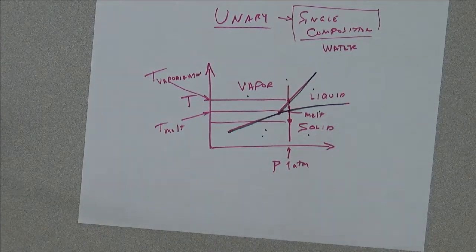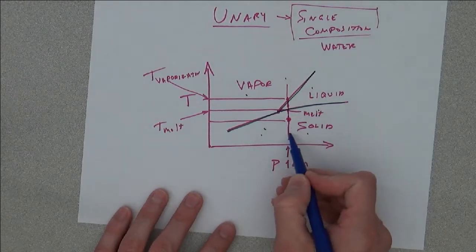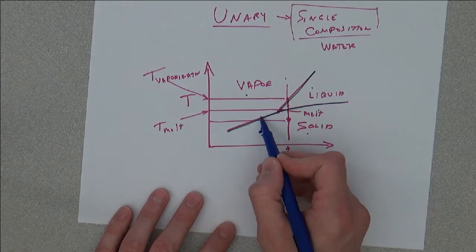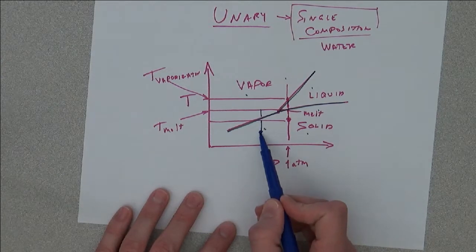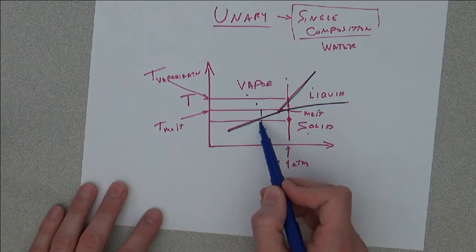Now, kind of interesting points here are that down here at this pressure, as we go up, we're going to go straight from solid to vapor. And what happens, this is called sublimation.